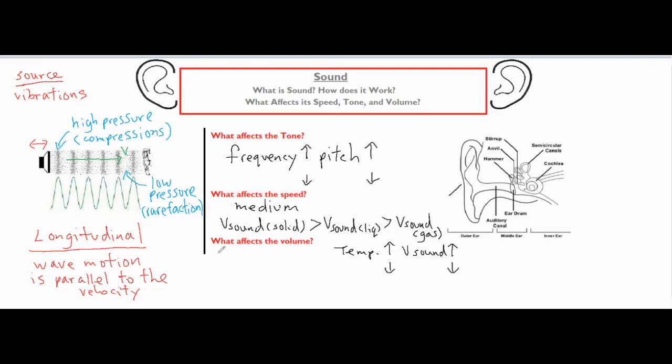Now, finally, what affects the volume? The effect of the volume is not based on how quickly it vibrates or what it travels through. It's basically just how large the vibration is.